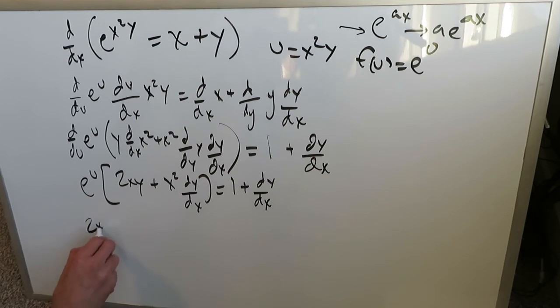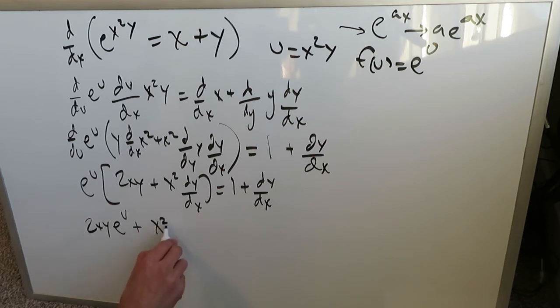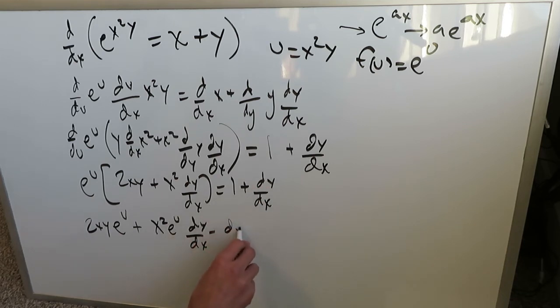We'll have 2xy e to the u, we'll substitute for u at the end, plus x squared e to the u dy/dx. I'm going to bring this dy/dx to this side because I want to bring these dy/dx's together, is equal to 1. Let's take this 2xy e to the u to the other side.